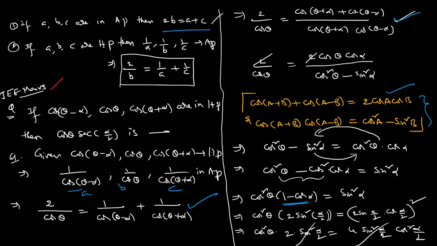Sin alpha means what is the formula? 2 sin theta cos theta formula is there, no? Sin 2 theta. Yes, I'm using this one. So apply square. Then sin square alpha by 2, sin square alpha by 2 cancel. And what is the next step coming? Listen carefully. Next step is cos square theta into 2 is equal to 4 into cos square alpha by 2.